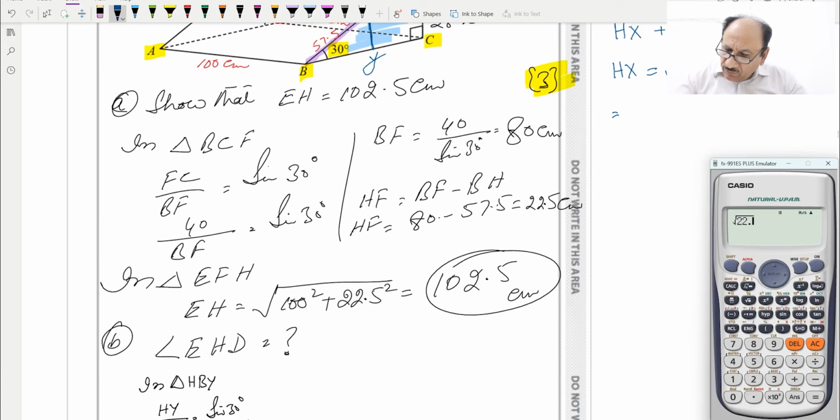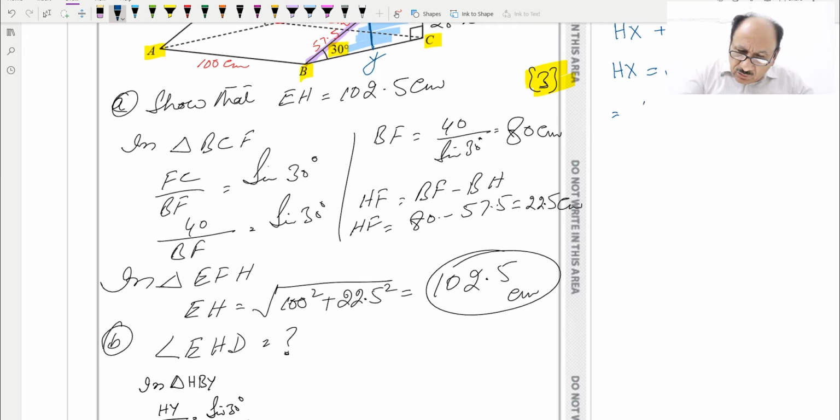So 22.5 square minus 11.25 square under root is equal to 19.49. So 19.49 centimeters is our hx.